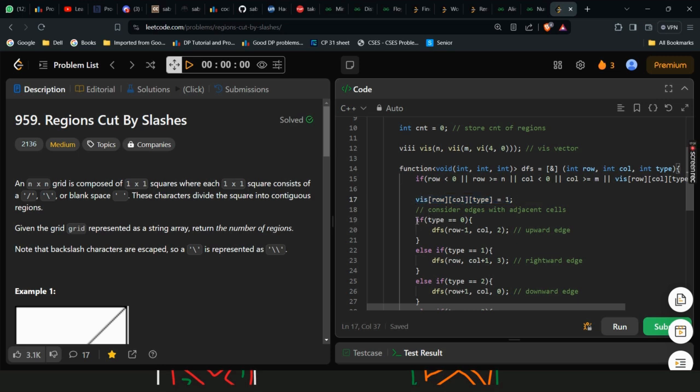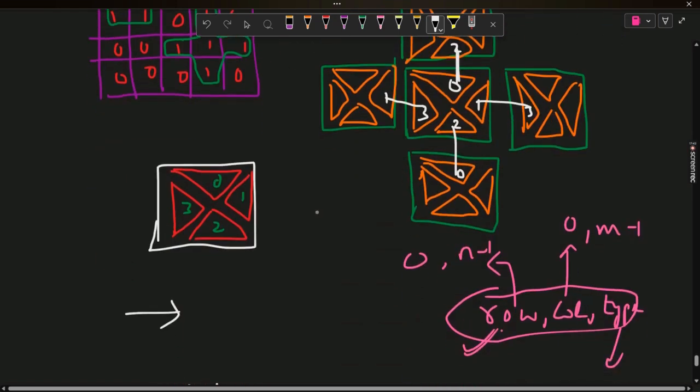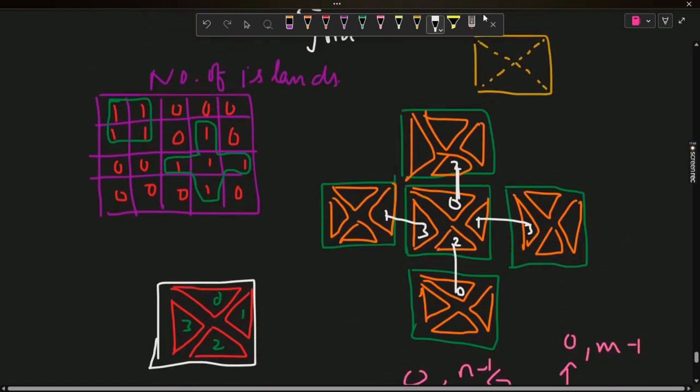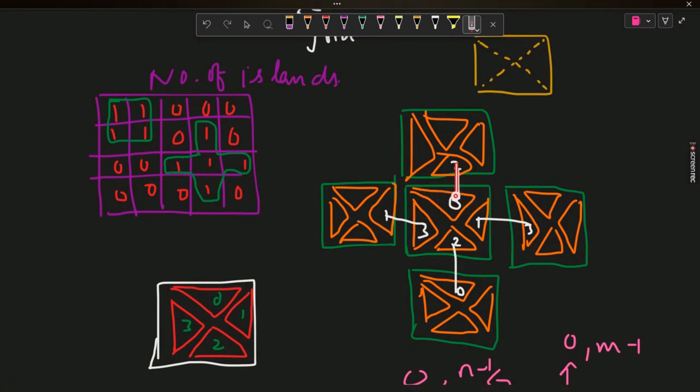So I don't have an adjacency list. I have to go to the adjacent nodes, so I have to check. First of all, I am considering the edges with adjacent cells, right? So let's again see. If the triangle was of type 0, this edge is occurring.